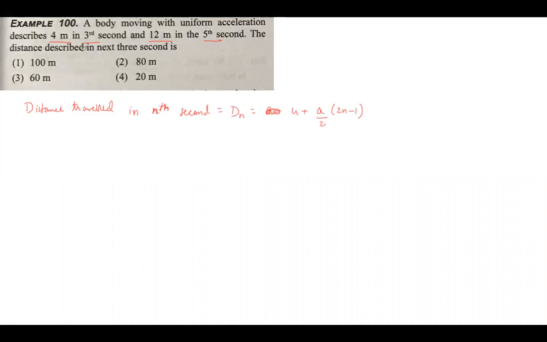See, what is given is distance traveled in 3rd second, means d3 is equal to 4 meter, or u plus acceleration a by 2, 2 into 3 minus 1. No, option 2 is not the right answer.